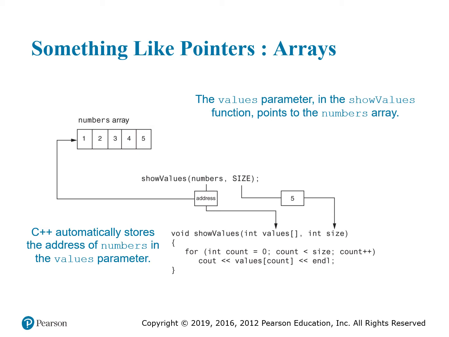In C, if you store values as an array, numbers actually holds an address that points to the first number in the array numbers.